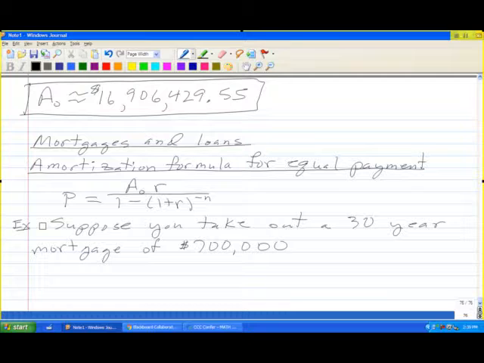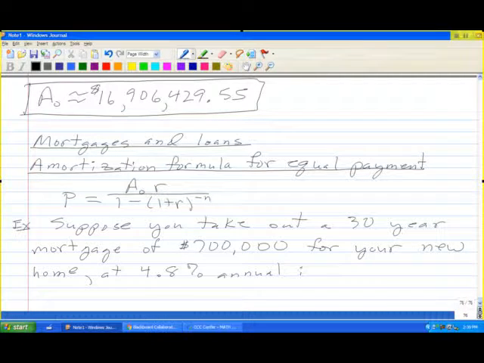You take out a 30-year mortgage for your new home, at 4.8% annual interest, compounded monthly.